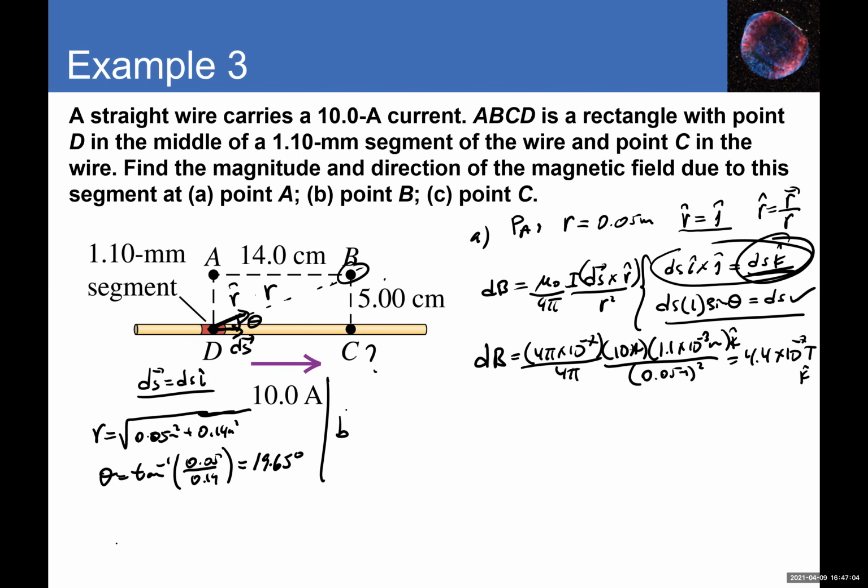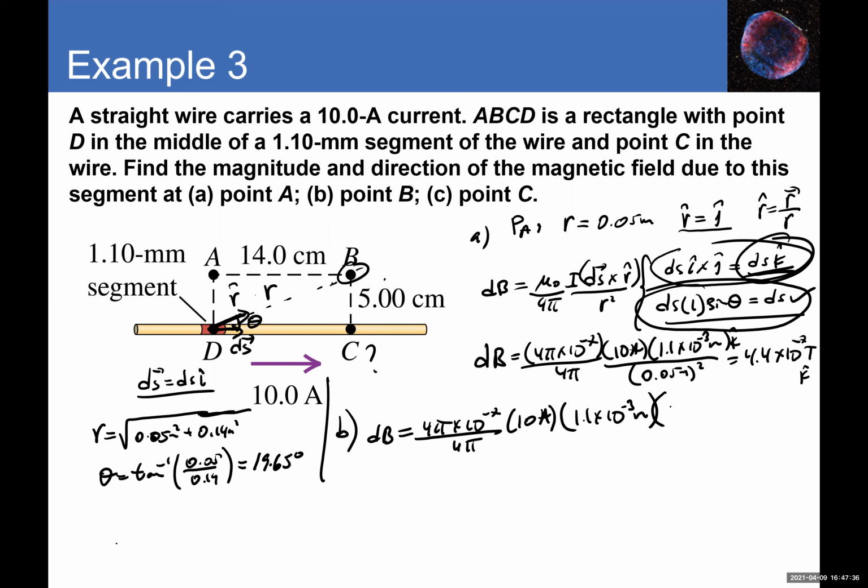Then for part B, I can calculate dB from this. So I can say this is equal to 4 pi times 10 to the negative 7, divided by 4 pi, times 10 amps, then the magnitude. So here I'm going to use the second method, where I take the magnitude of the first vector times the magnitude of the second vector times sine of angle theta between them. So this will be the magnitude of ds, which is just 1.1 times 10 to the negative 3 meters.